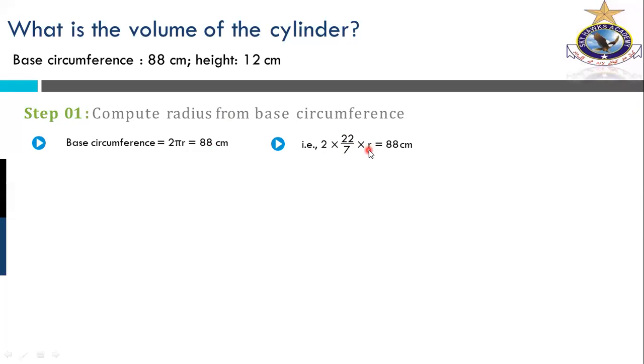So that's 2 into 22 upon 7 into r equals 88. So r equals 7 multiplied by 88, with the 2 and the 22 dividing out.